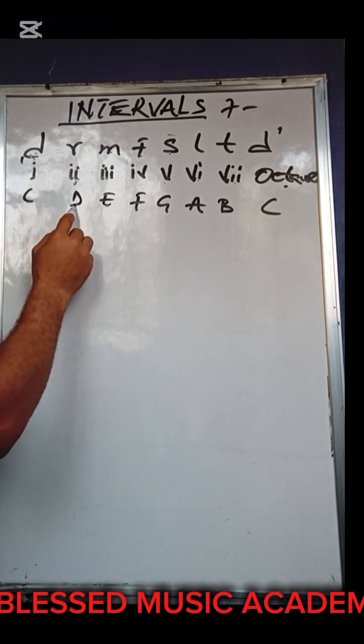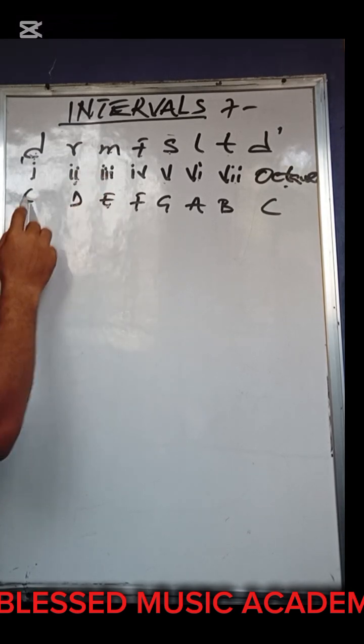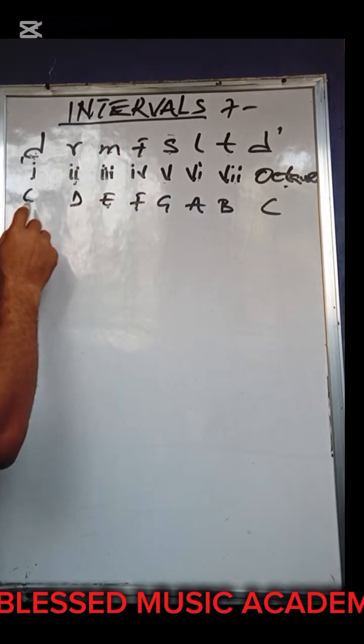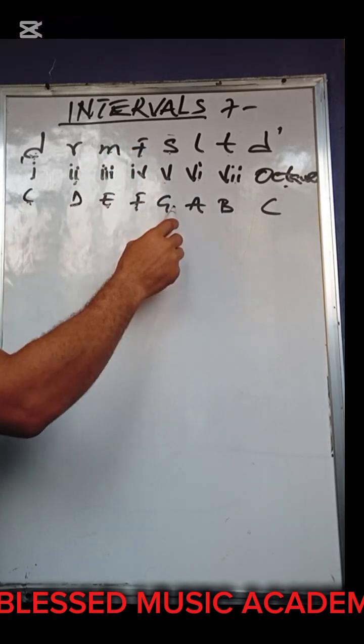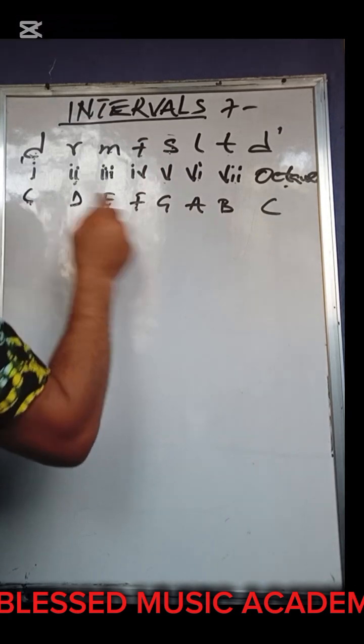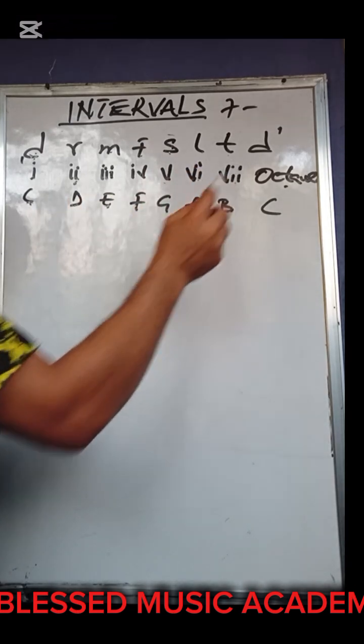Second. Distance between C and E, it is third. Distance between C and F, it is fourth. Distance between C and G, it is fifth. Distance between C and A, it is sixth. Distance between C and B, it is seventh.